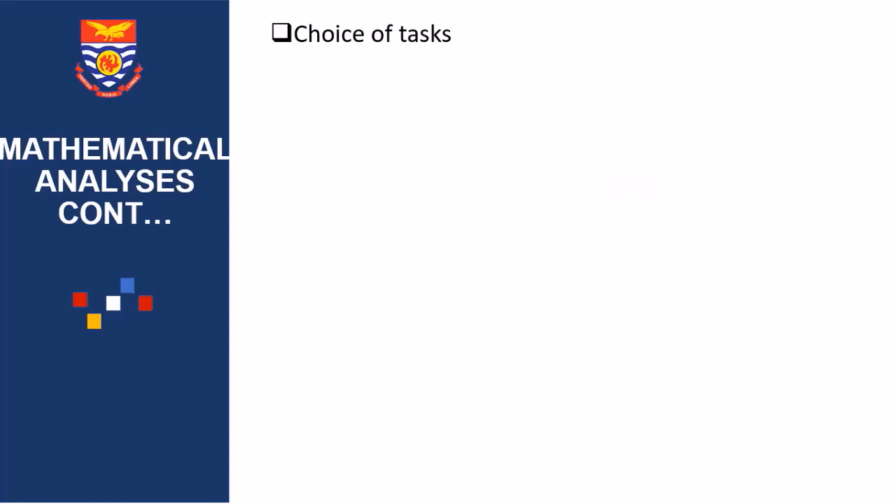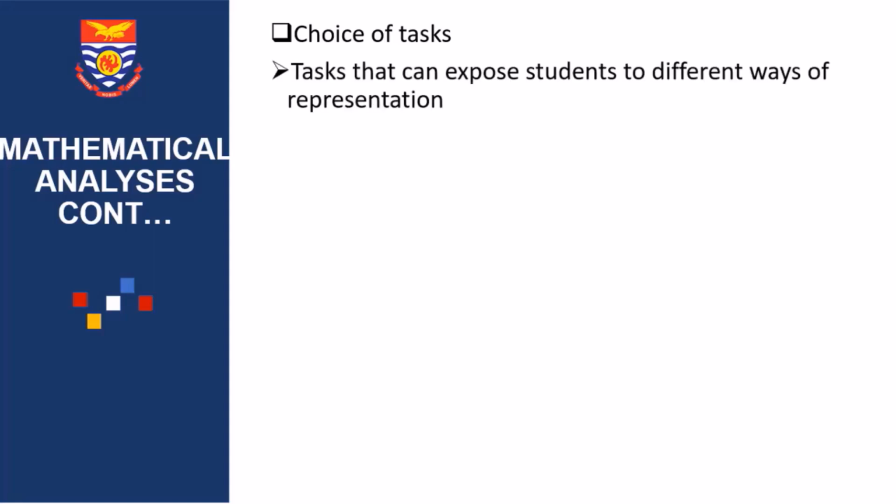Then we look at the choice of tasks. What kind of tasks must you give to your students to promote understanding, so that students can grasp the concept of probability? We can talk of tasks that can expose students to different ways of representation. As we said, we have to use varied forms of representation.